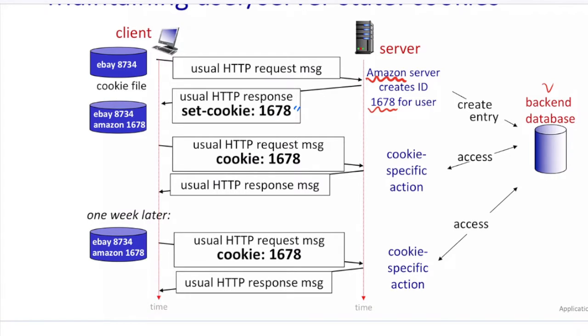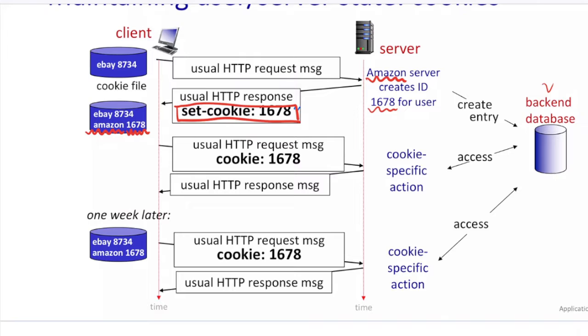Then when the server replies with the HTTP response message back to the client, a specific header is included in the response message. The header's name is Set-Cookie and the value is 1678. After the client receives this cookie, it finds some storage space to store this token 1678 for this specific server, for example ml.com.